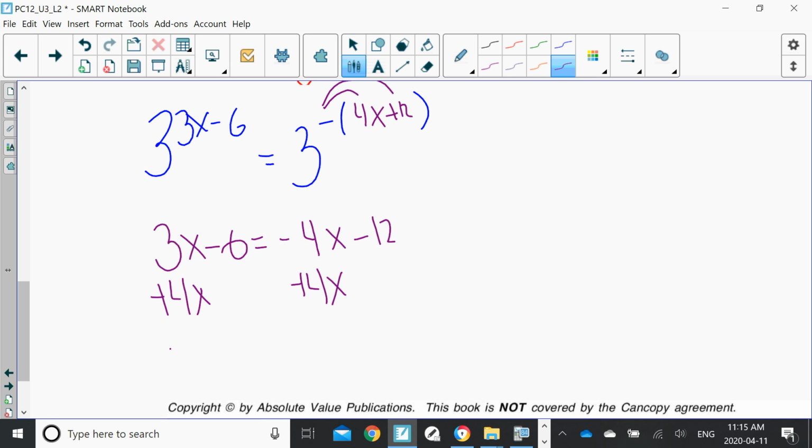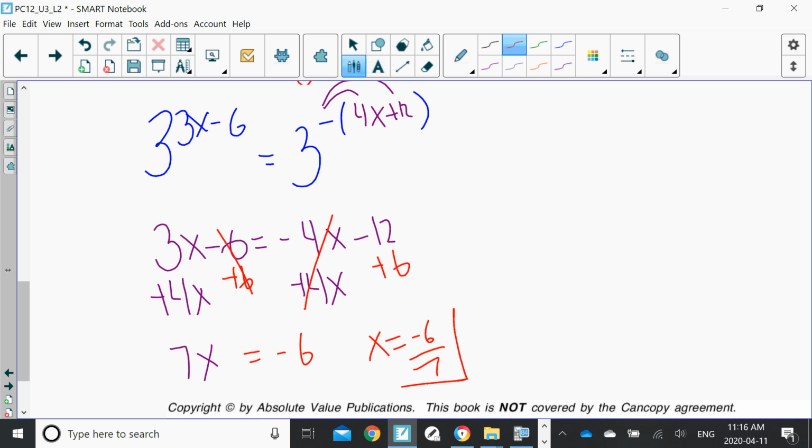And that would give me 7x. And let's get rid of that negative 6 by adding 6 to both sides. And if I do that, negative 12 plus 6, divide both sides by 7, and I get my final answer of x is equal to negative 6 over 7.